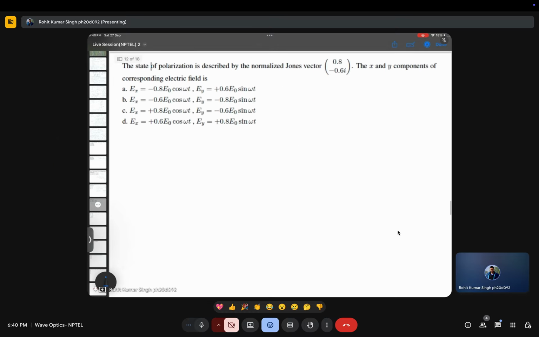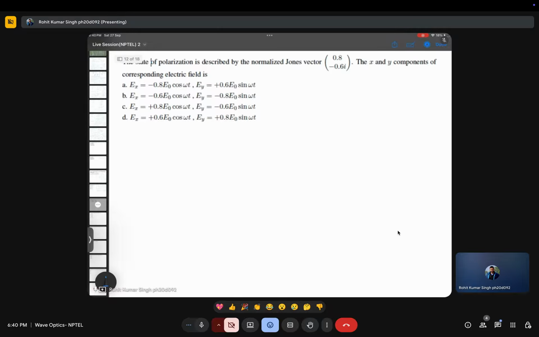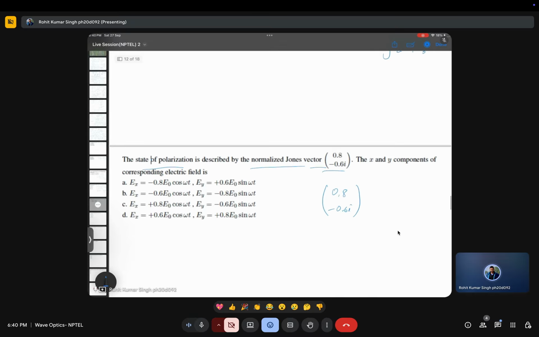Next problem. Now the state of polarization is described by a normalized vector. Okay, so you have been given a normalized vector like this. So this is the reverse of the above problem.